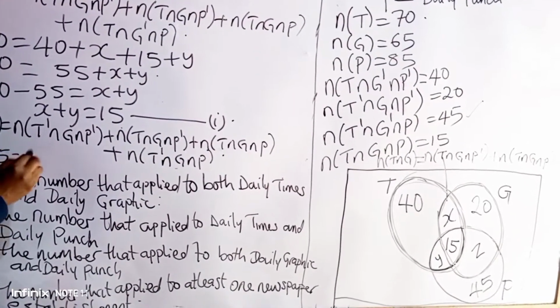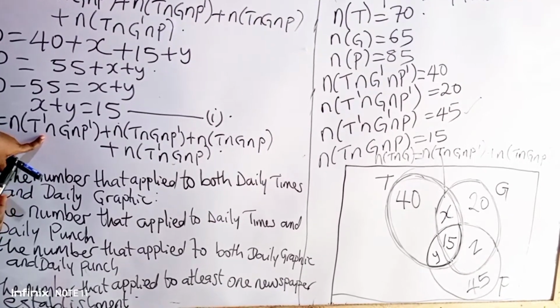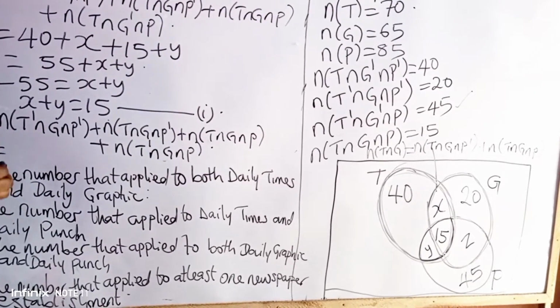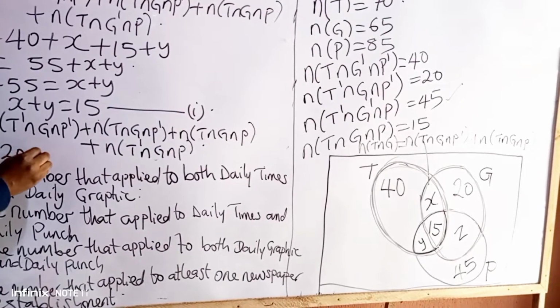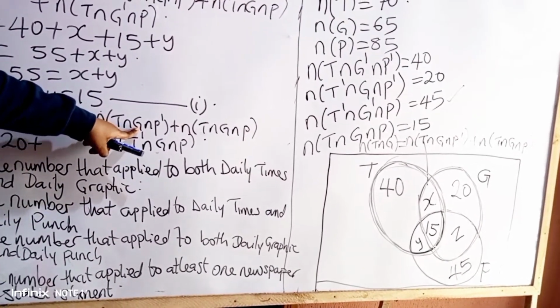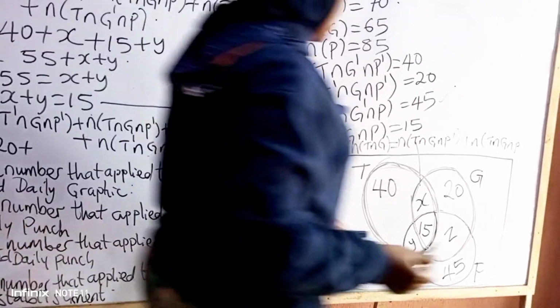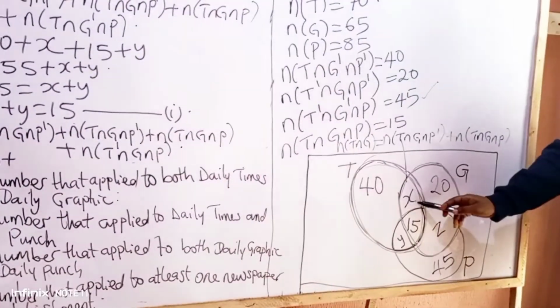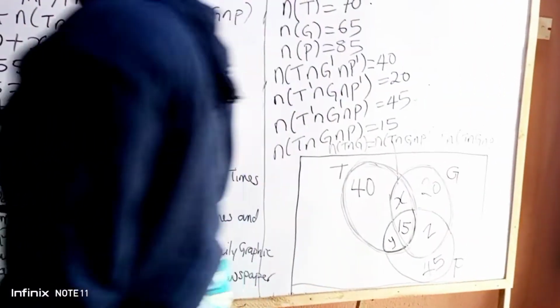So 65 is equal to cardinality of G only, 20. That's daily graphics only, plus cardinality of daily times and graphics only, which is X. So plus X.